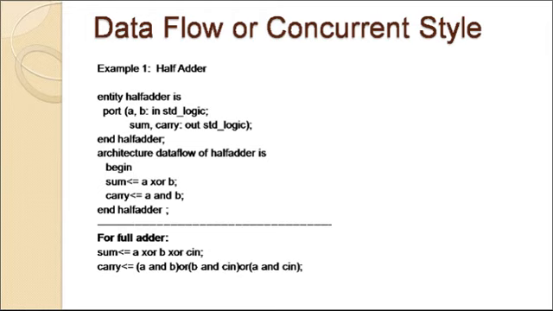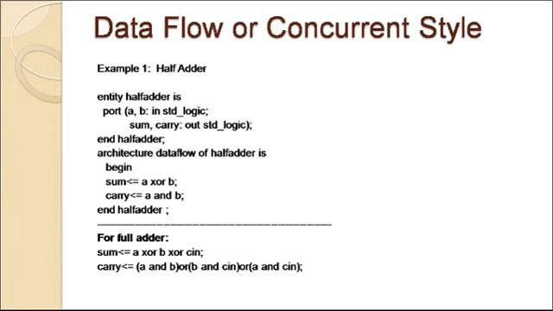But whenever you want to write the VHDL code for a sequential circuit, then you must use a process statement, as most of the things in a sequential circuit depend on the clock, and if you want to make anything depend on the clock, then definitely you need an if statement, and if you need an if statement, then you must use a process statement where the things are executed sequentially.